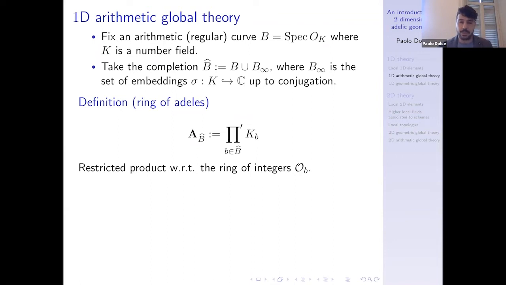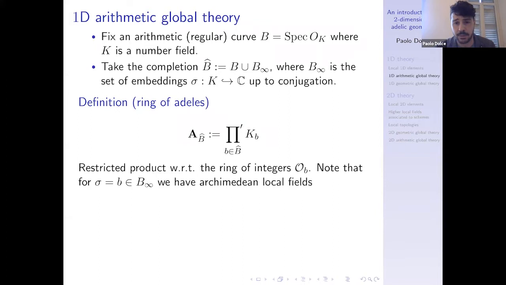So you have a correspondence: for each point of your completed curve, you have a local field, and then you take the restricted product of these local fields, which is basically a subset, actually a subring of the product. And the restricted product is very easy to describe. It's made by all the tuples such that all but finitely many elements are integral. So they lie in the completed ring of integers.